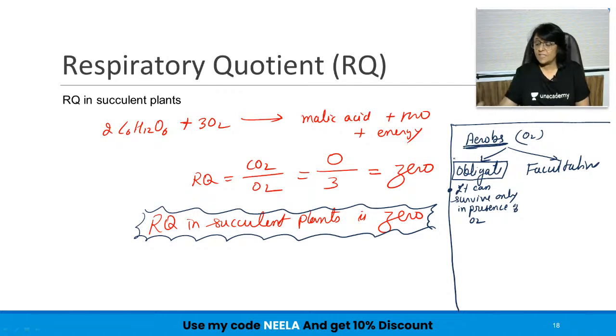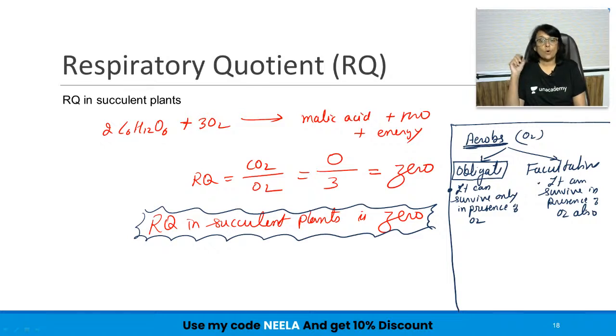What is facultative? It can survive in presence of oxygen also. So obligate aerobe is the one which survives only in presence of oxygen, and facultative aerobe can survive in presence of oxygen also. That means if oxygen is there, they can survive.